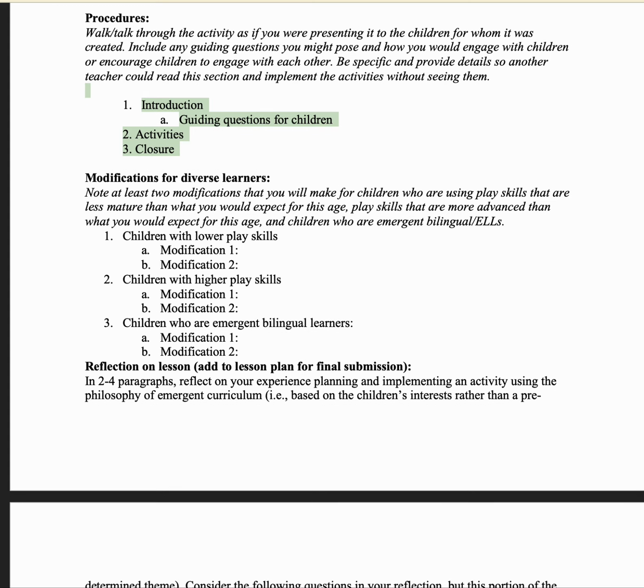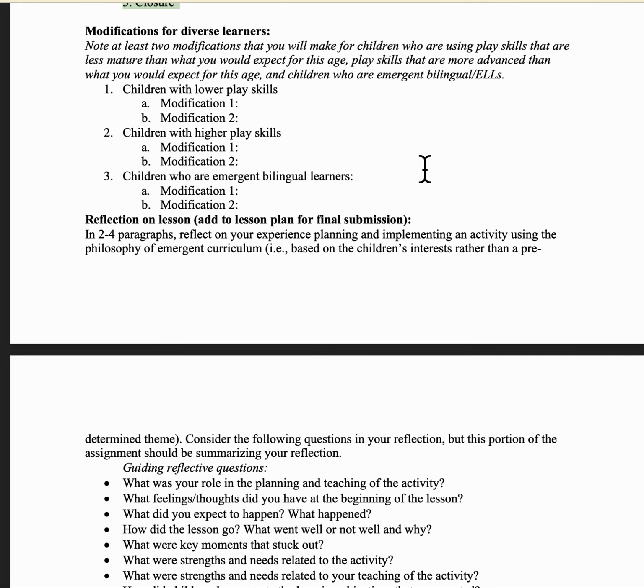So now you're going to look at modifications for different learners. What's written here are play skills that are less mature, play skills more mature, and then children who are emergent students learning English. So even if you don't have any children like that in the group, I would like for you to consider what you would do in that case.